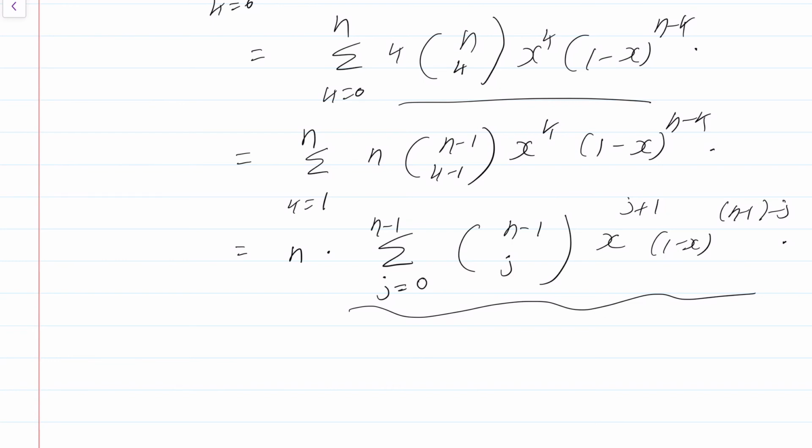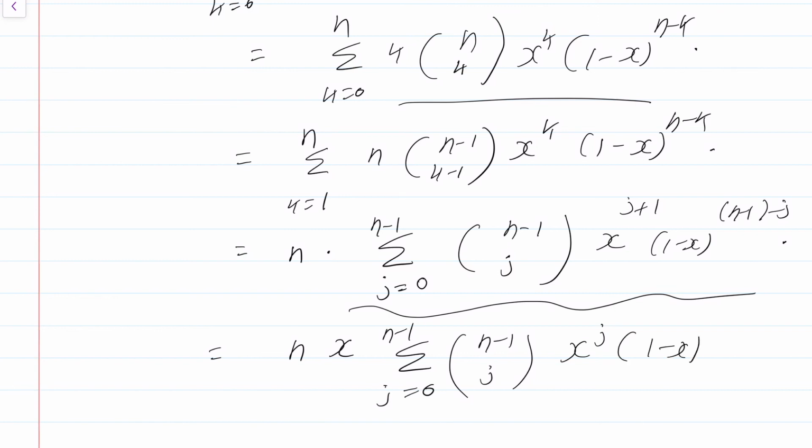Now look at this quantity. We write this as equal to n x times summation j equals 0 to n minus 1 of (n minus 1 choose j) x^j (1 minus x)^(n minus 1 minus j).